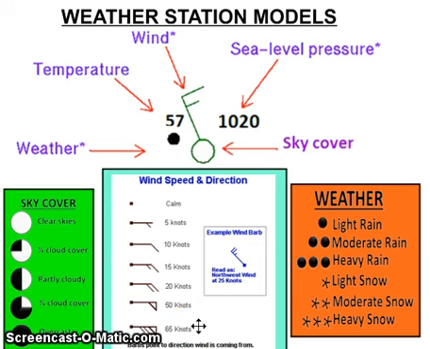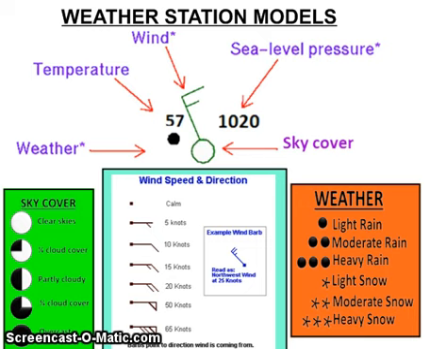Now, the direction is just by looking at the location of the bar as it is attached to the center circle. In this case, if north is here, then this bar is situated northwest. Now, the wind direction is indicated from the direction that it's coming from. So this means that the wind is coming from the northwest.